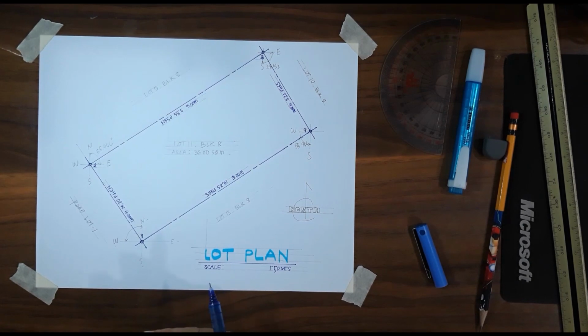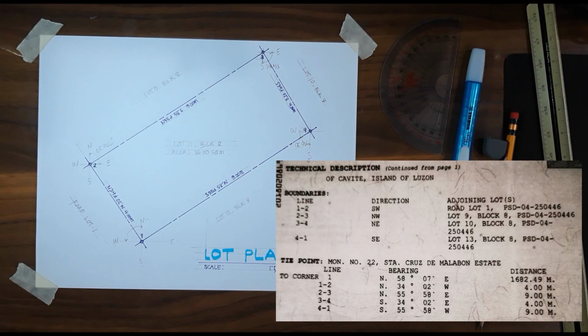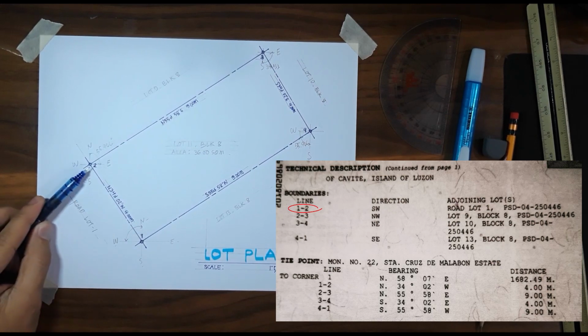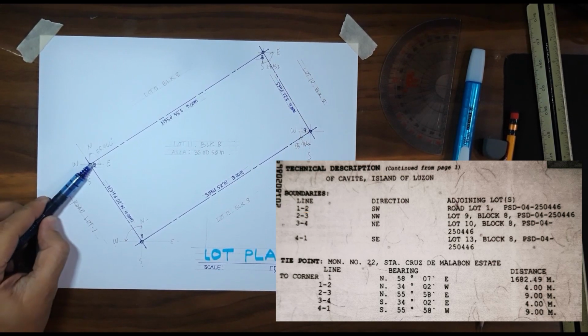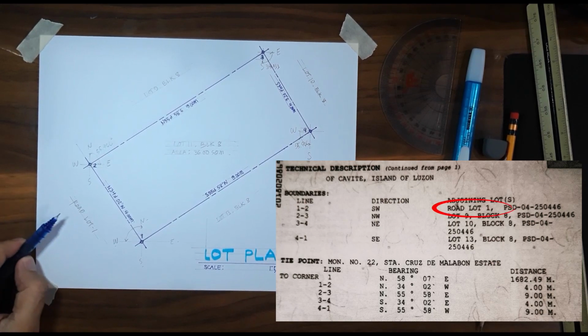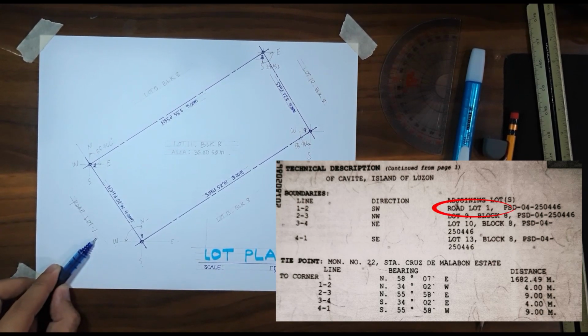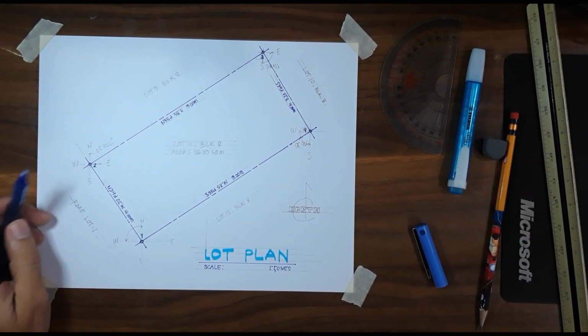Alright, so basically the bounds here, based on the TCT that we have, we got point 1 and point 2. The boundary along point 1 and point 2 is road lot 1.